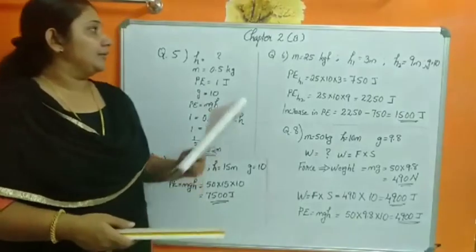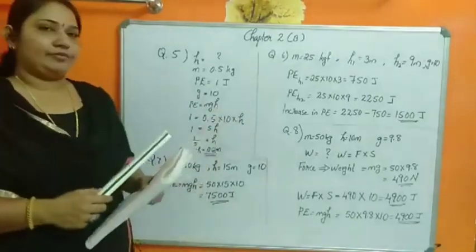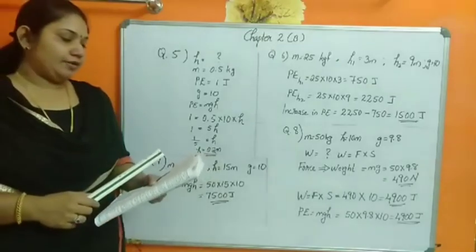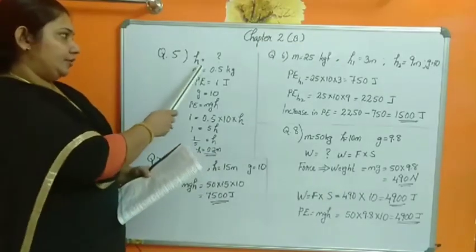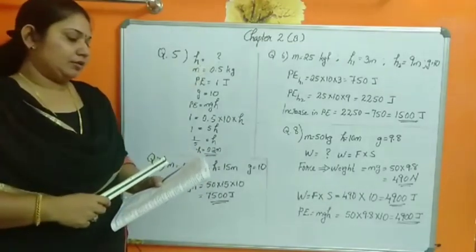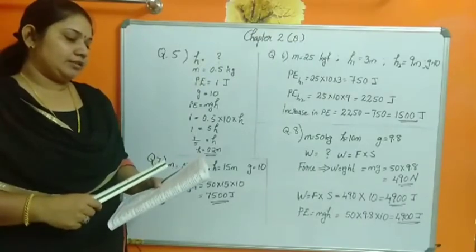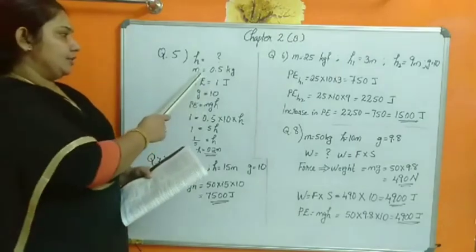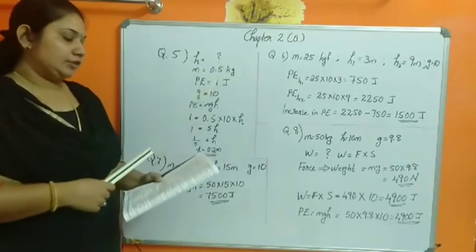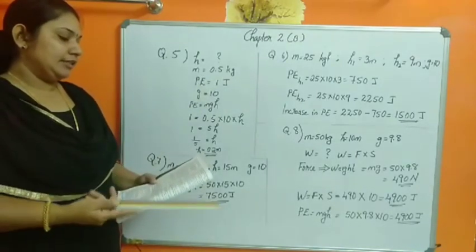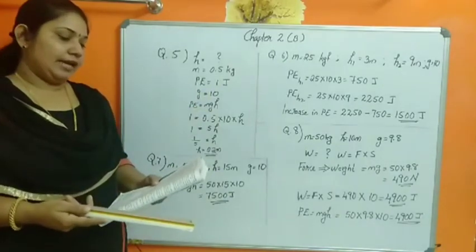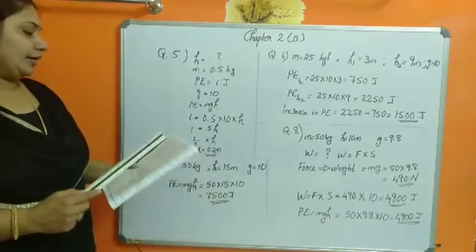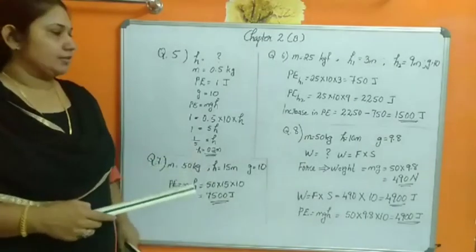Hi everyone. Now we are going to deal with question number 5 from chapter 2B. Calculate the height. Height is equal to question mark. Calculate the height through which a body of mass 0.5 kg is lifted if the energy spent in doing so is 1 joule, and take g equal to 10 meter per second squared.